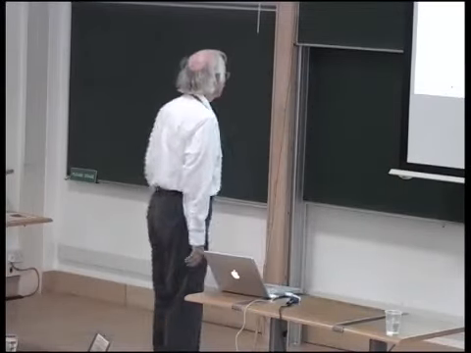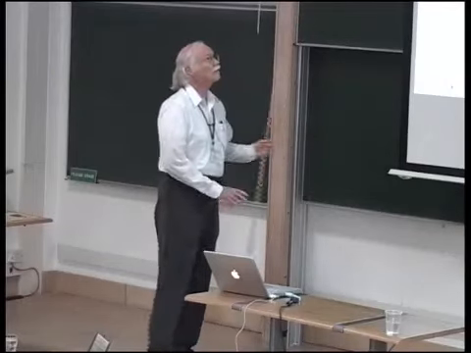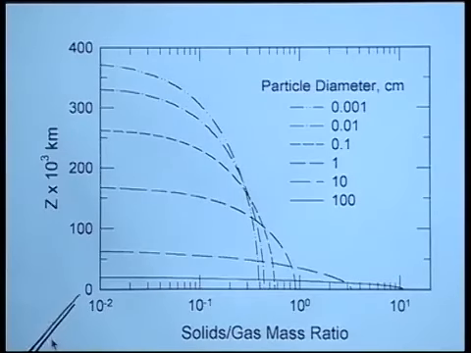Okay, here's the result from this. These are distributions of solid to gas mass ratio versus Z at a typical location in the solar nebula. This is at 3 AU in a low mass nebula. Typically the equilibrium thickness of the layer is a few 100,000 kilometers, and the peak solid to gas mass ratio is on the order of unity or a bit less here for small particles.